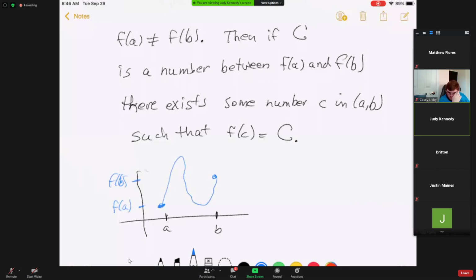That's not a function. So it could do lots of different things. Maybe it looks like that.